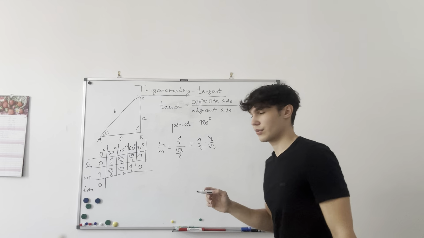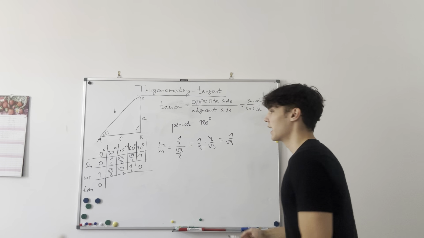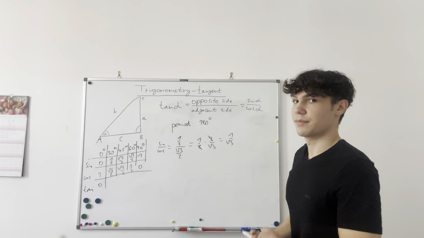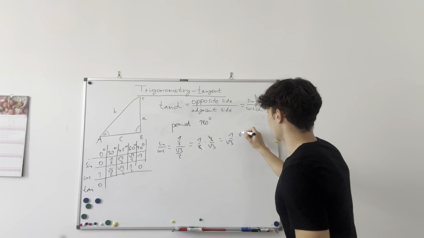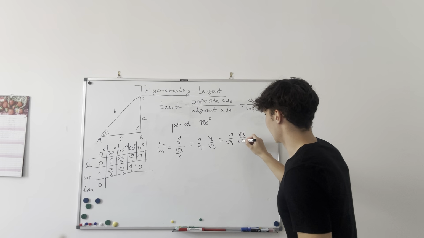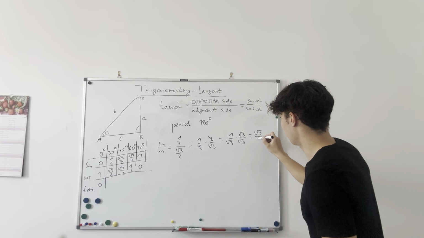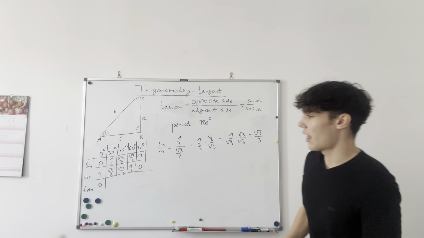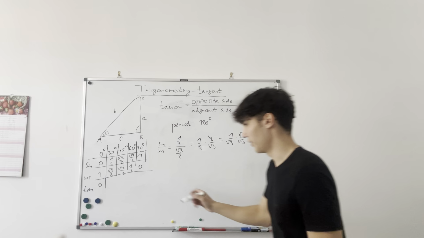We get rid of the 2's and get 1 over the square root of 3. Now, to make it look a little better, we can multiply it by the square root of 3 and get the square root of 3 divided by 3. So for 30 degrees, it is going to be equal to the square root of 3 divided by 3.